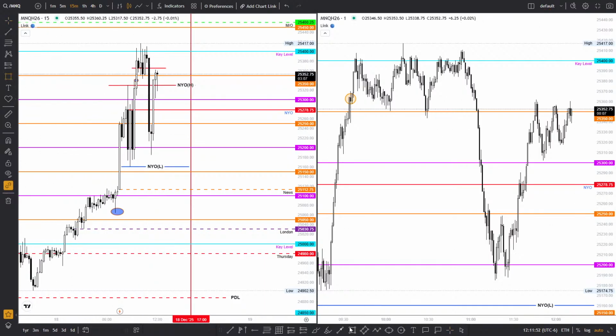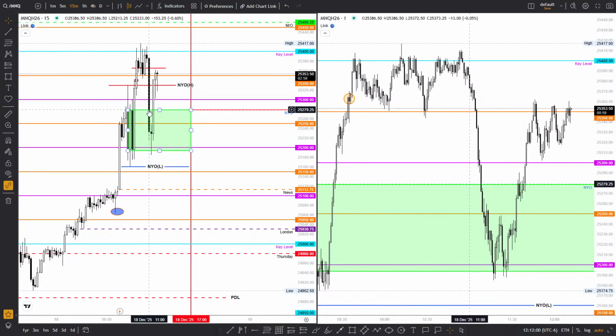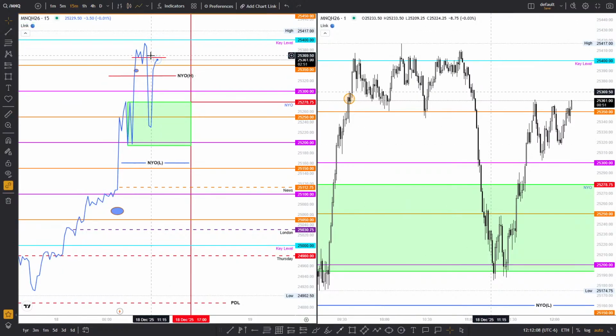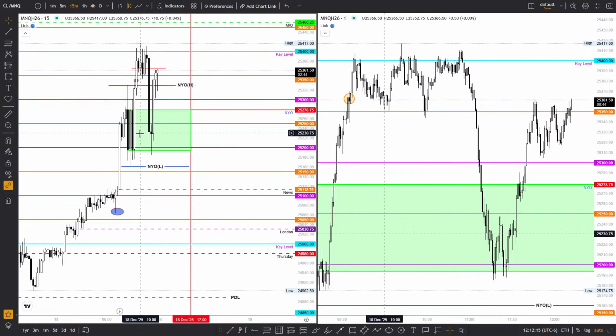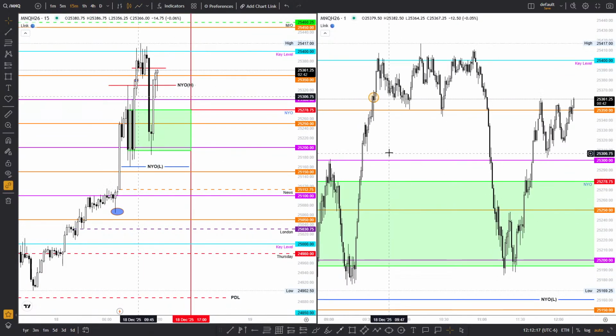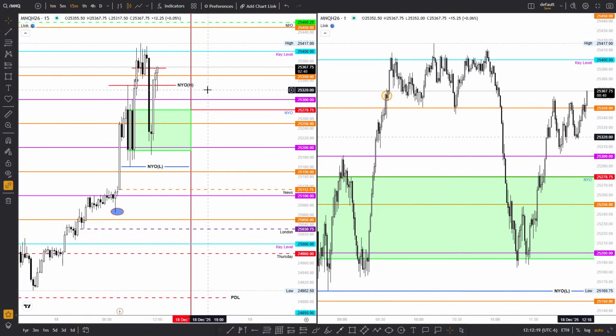When we saw this 15-minute demand candle set, if you don't get body closures below that level, then essentially what you're getting is short covering. Because the only way for those shorts from that 25,380 level to really get a massive profit is when they break the structure and take the liquidity of the individual that was buying in this area, okay? And that's what we were seeing there.